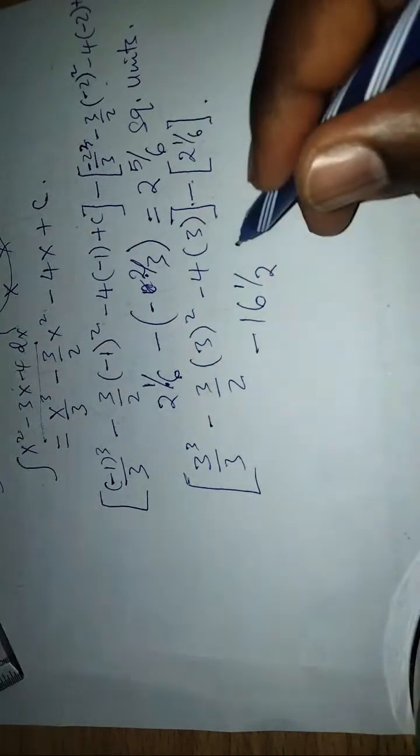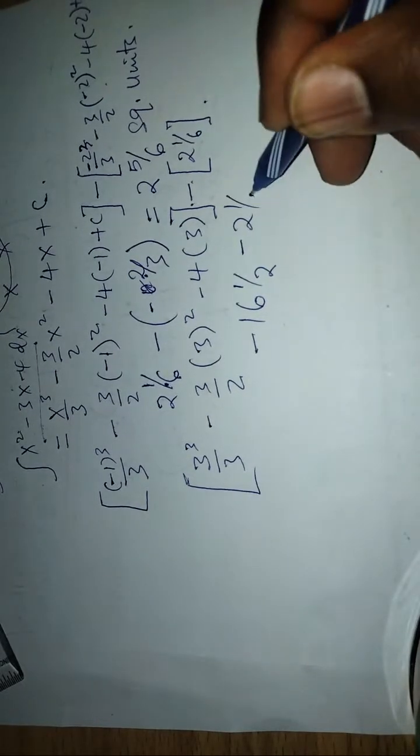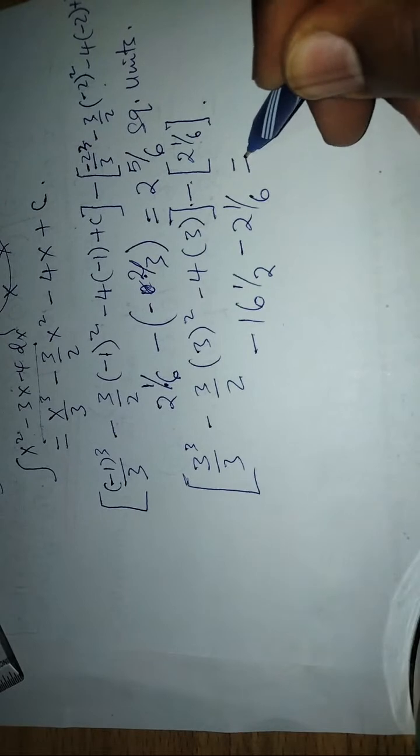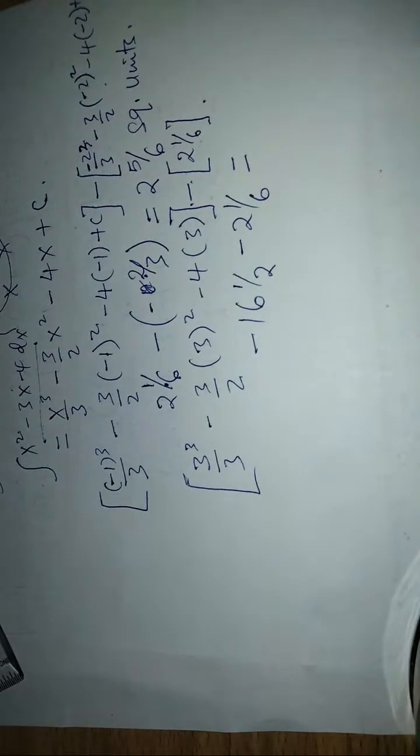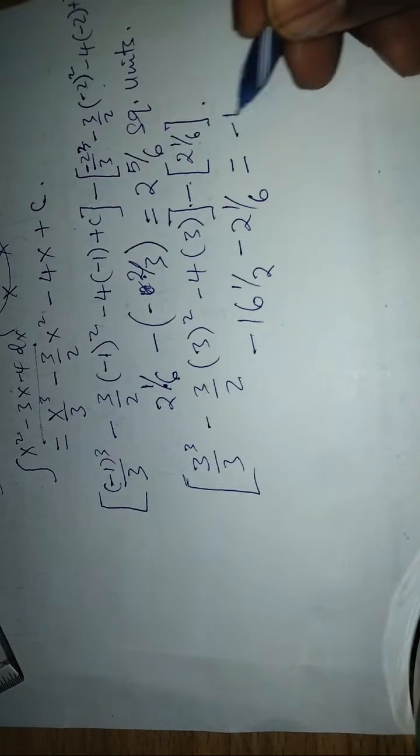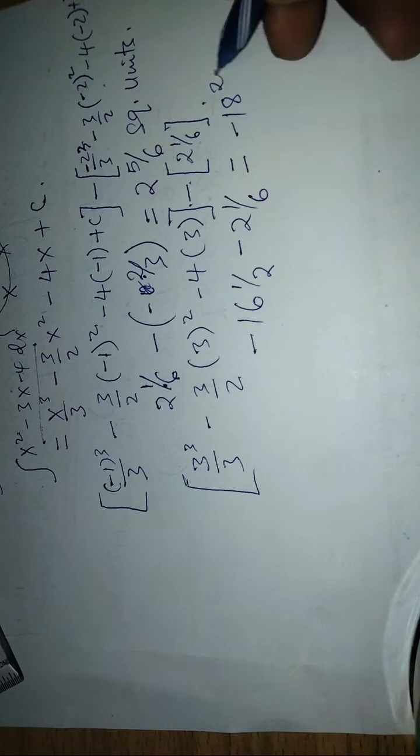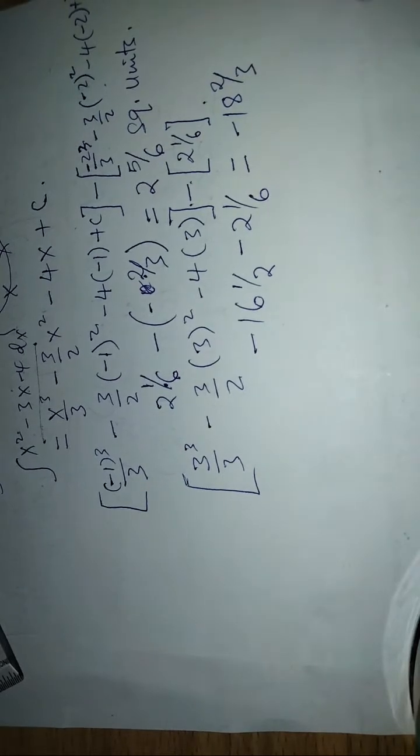Then remember here, I'm subtracting 2 and 1 out of 6. So when I subtract further, I'm going to get -18 and 2 out of 3 square units.